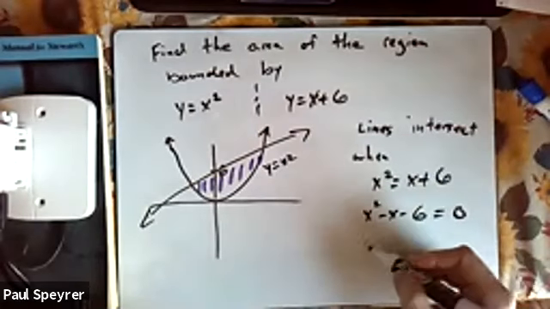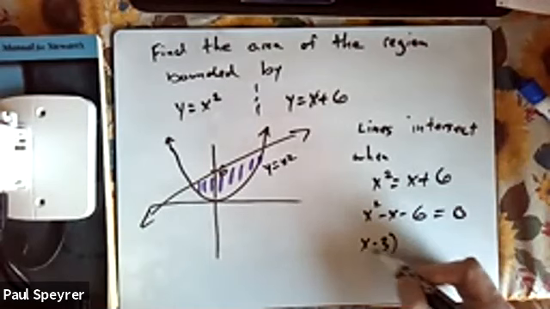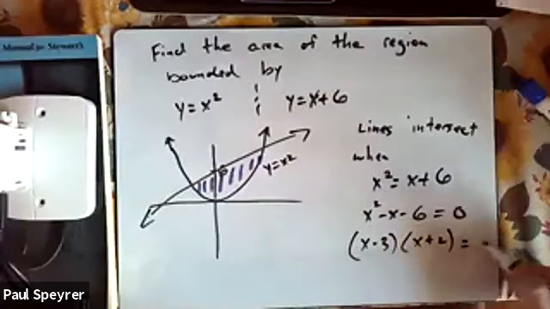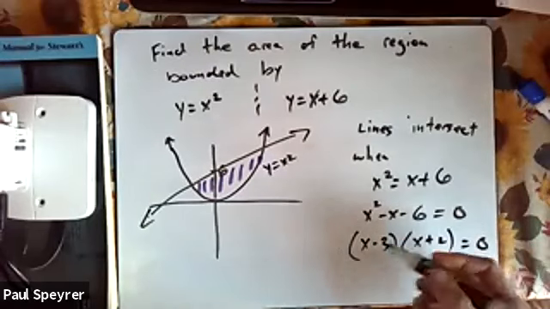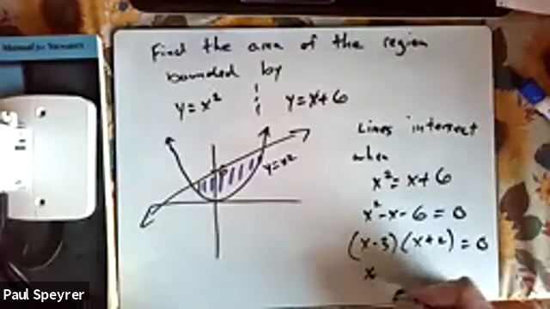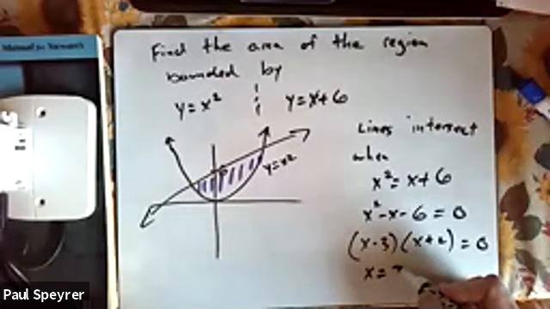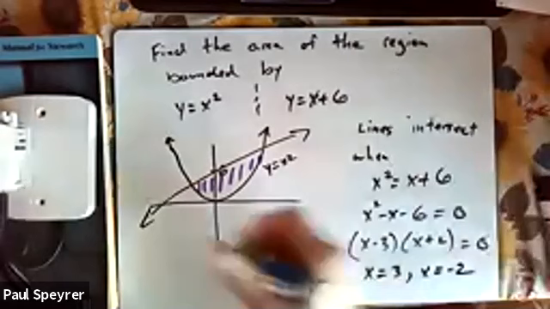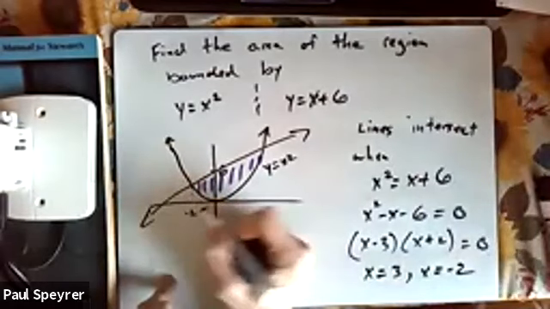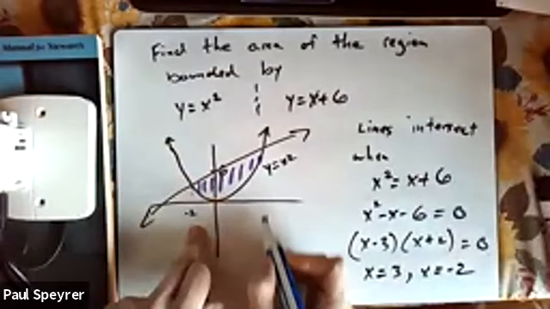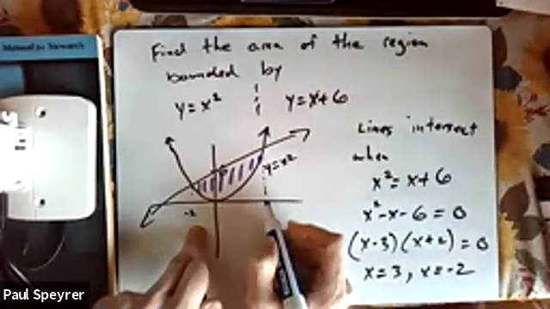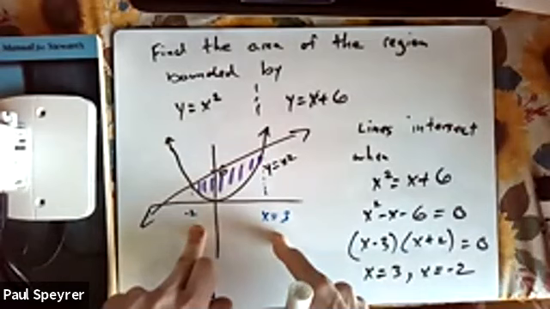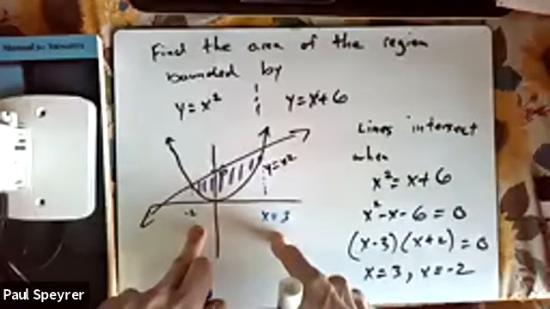And if we factor, oh, so we solve these, x equals 3 and x equals negative 2. So basically, that's these points right here. This is negative 2 for x. This is positive 3 for the other x. That's where they're intersecting. That's what we need, right?